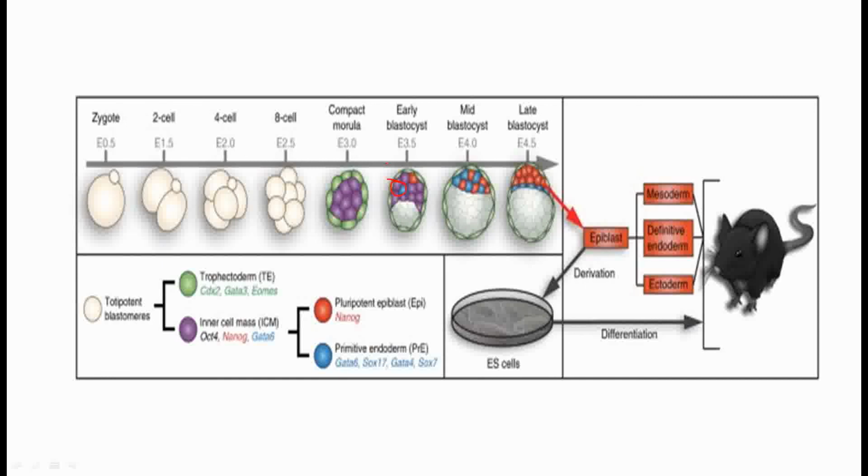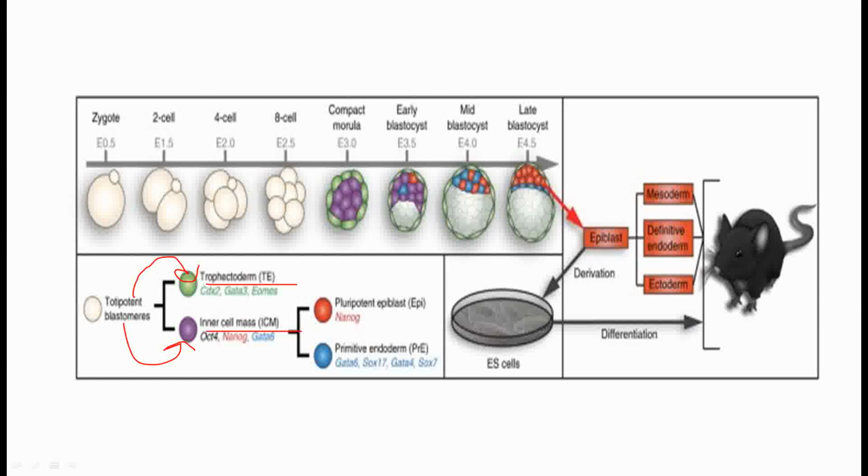Every cell can give rise to a complete embryo. That's why it is known as totipotent. This totipotent blastomere forms trophoectoderm and inner cell mass.